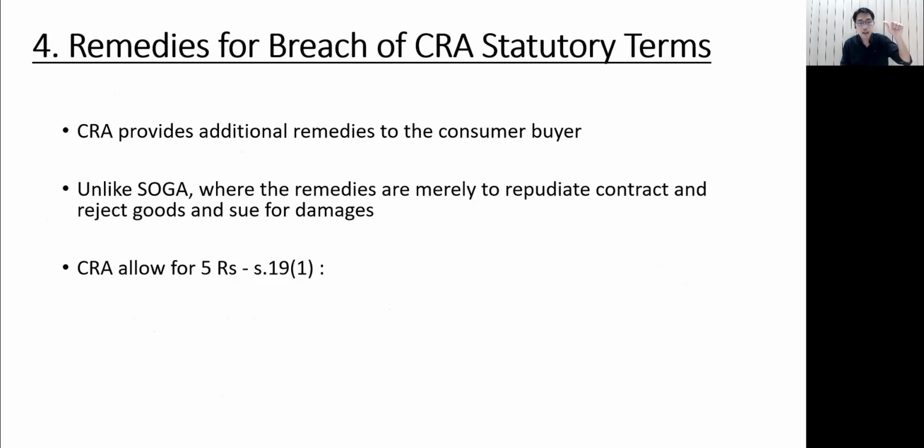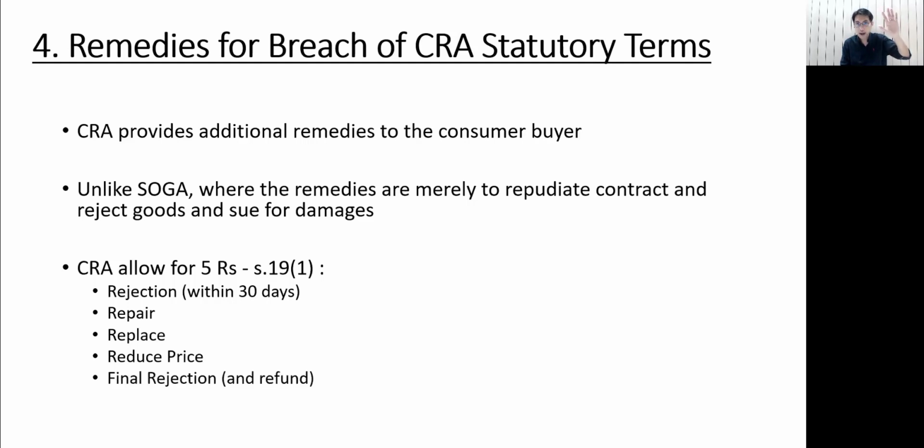This would be the remedy of right of rejection, a short-term right of rejection, the remedy of repair, the remedy of replace, the remedy of reducing price, and one more time, the right of rejection, final rejection. 5 R's. You do not have this similar type of remedies in a way it operates over 3 levels in SOGA. And so you want to be very careful.